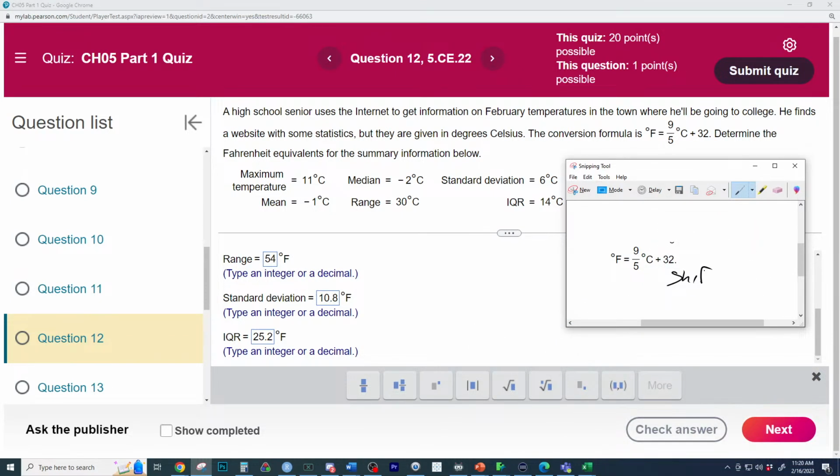That's the shift, and that's the scale. So when I was doing the spread, or well, yeah, sure, center.